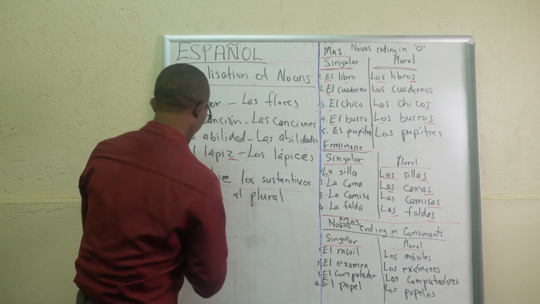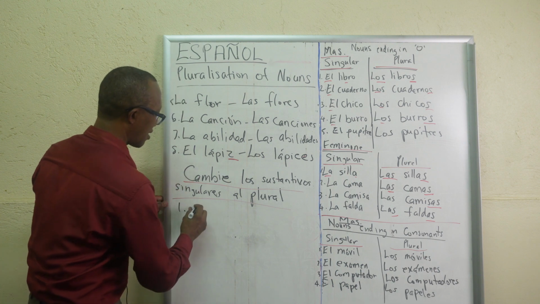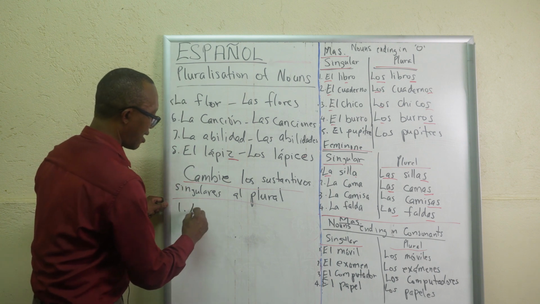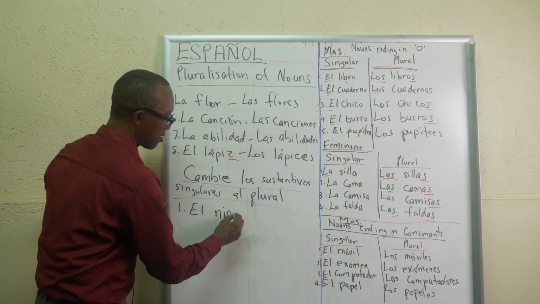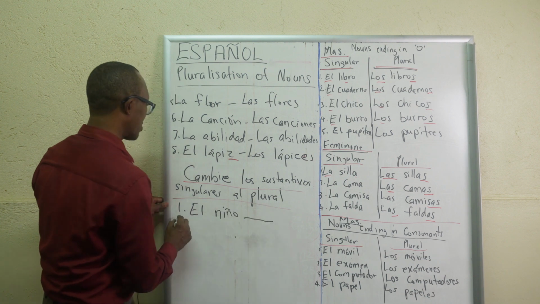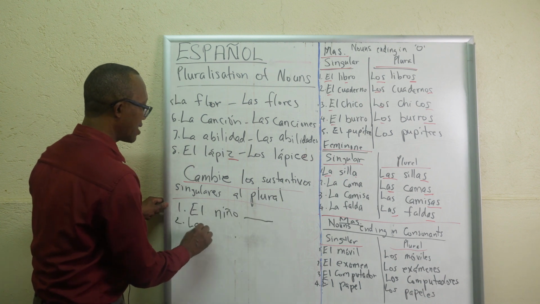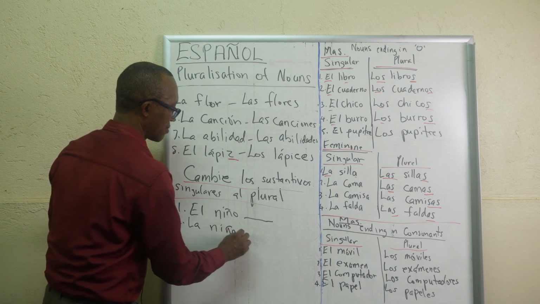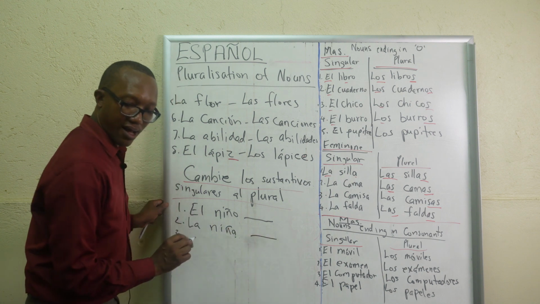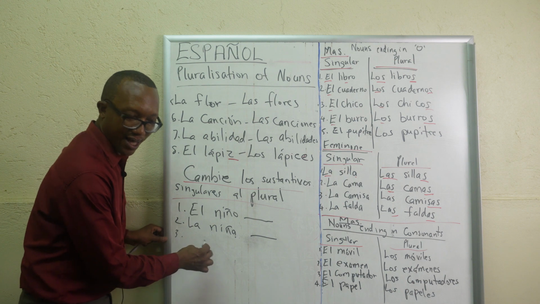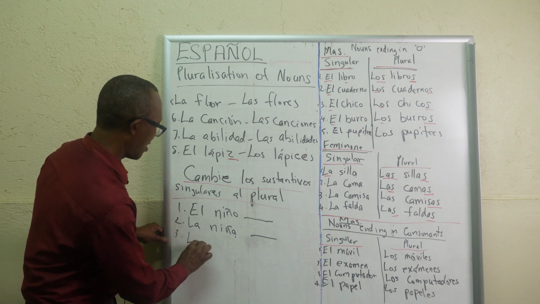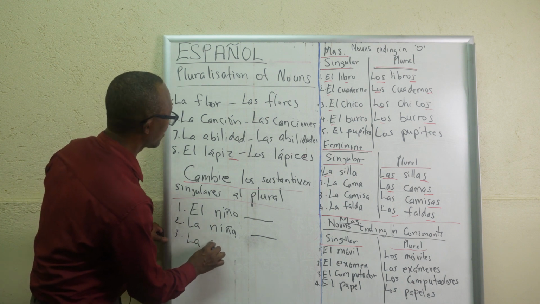See? So let's take the first one. You are going to show me. One, we have el niño. Tell me what the answer will be. Two, la niña. Three, la condición.